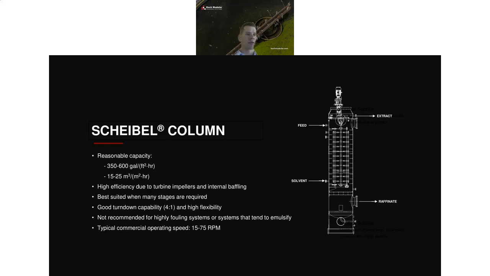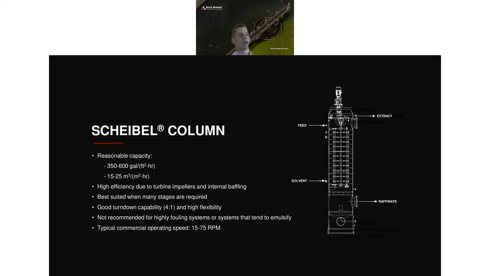There's also a series of inner and outer baffles throughout the Scheibel column that prevent back mixing. So the combination of the series of baffles and the impellers within the Scheibel column that are rotating to create the dispersed phase, you have a really efficient extraction technology here. So if you have a process where several theoretical stages are required, the Scheibel column is going to be the right approach.